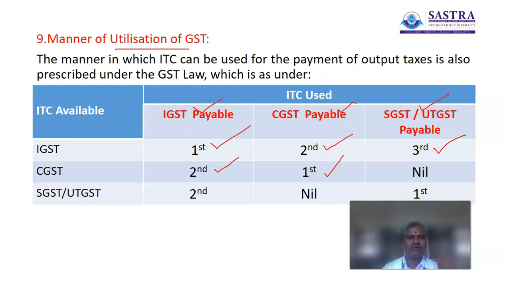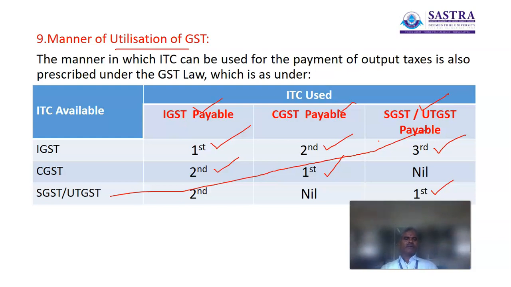Then now we come to the last tax structure, SGST or UTGST. You see the SGST or UTGST payable. If you have an ITC, you adjust it first against SGST payable. If anything is available, you adjust it again against IGST. After adjusting both, you have to pay to the government.